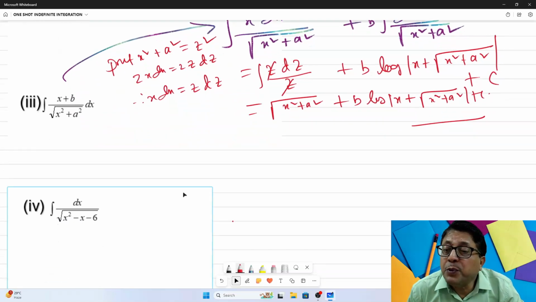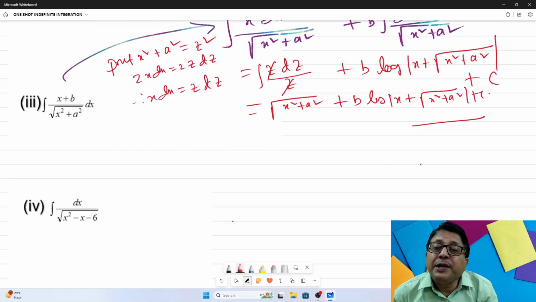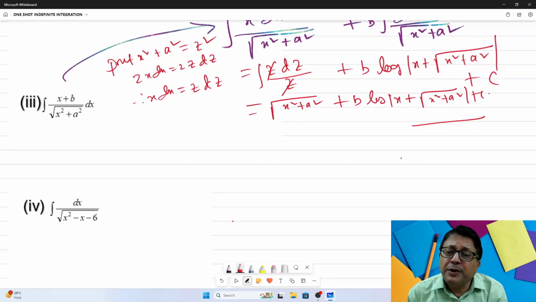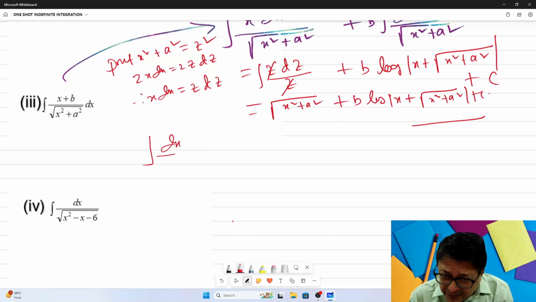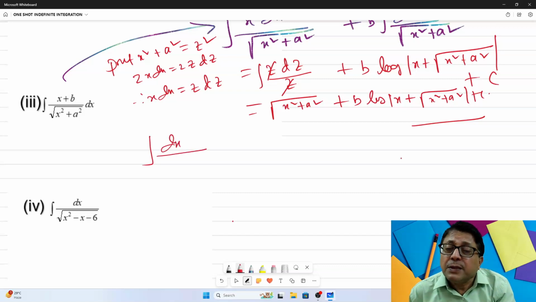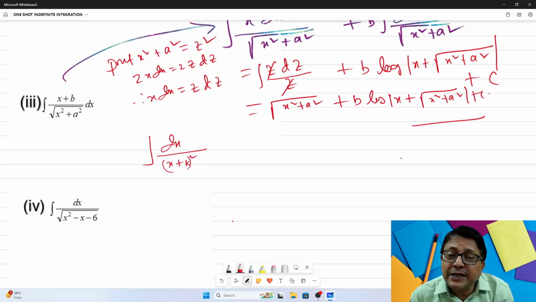Next problem. Before you start the next problem, I would like to remind you of one form. All the formulas will remain unchanged if instead of x you are getting x plus k. Suppose the integrand is of this form, x plus k whole square plus a square or minus a square under root. What to write?